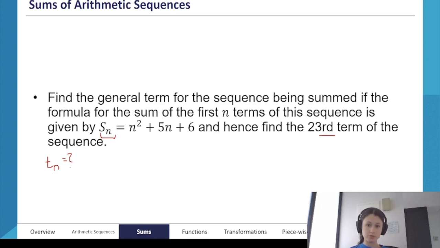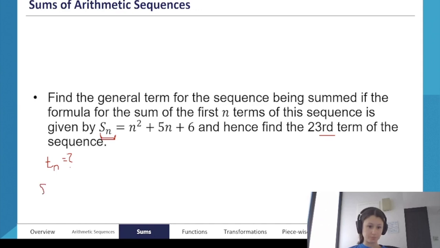So we want an equation with Tn in it, and we want to somehow derive it from this Sn formula. If you haven't already, pause the recording, have a quick think about this, but I'll go through the solution now. If we want to find an equation with Tn in it, we need to think about what our sum formula actually represents, apart from the formula that we've been given.